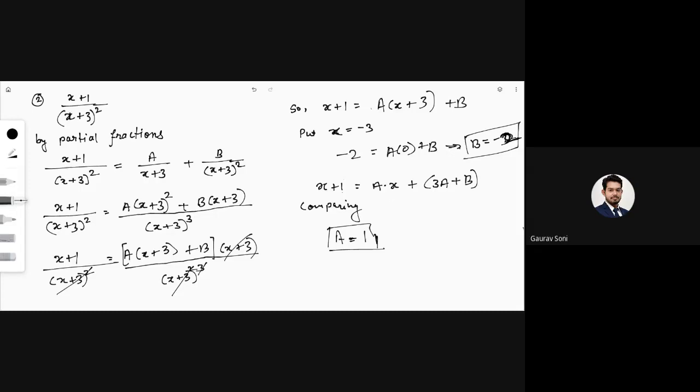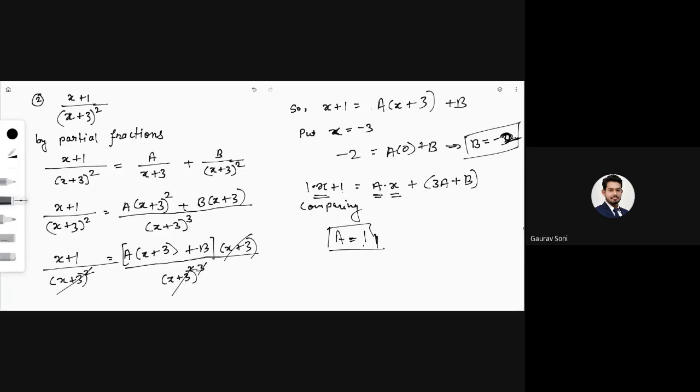So b is -2. So look, when I'm comparing these two equations, you look at the coefficient of x. We know that two polynomials are equal only if their coefficients are equal. So the coefficient of x on the left hand side is 1 and the coefficient of x on the right hand side is a.